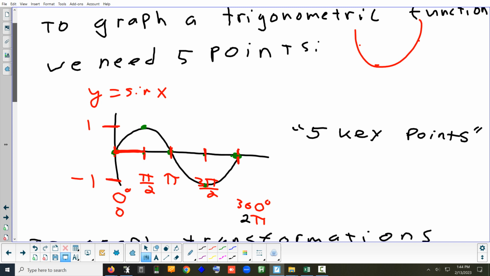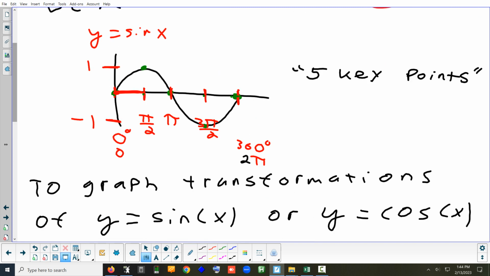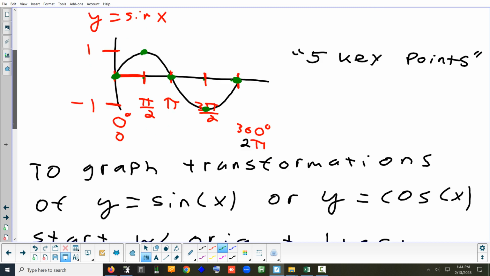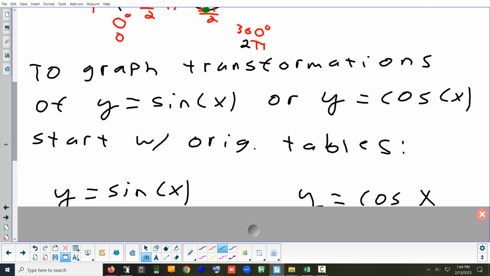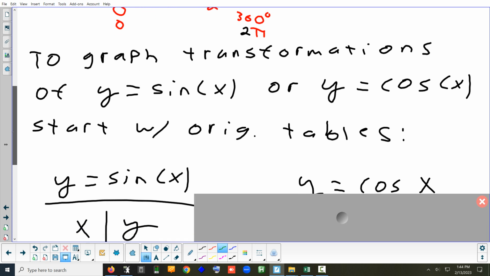So what I want to do is write down these 5 points in a table. The 5 points that I have for those green dots. Okay, I'm going to make a table for cosine in a minute as well, but let's start with sine.